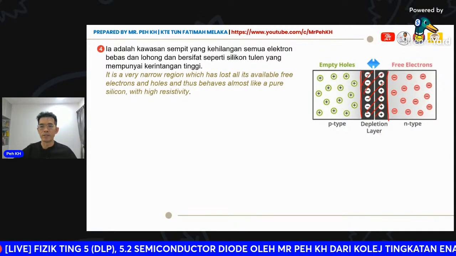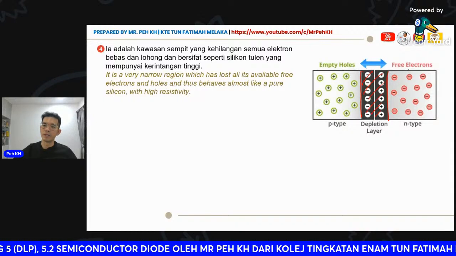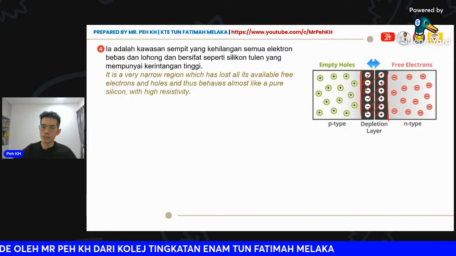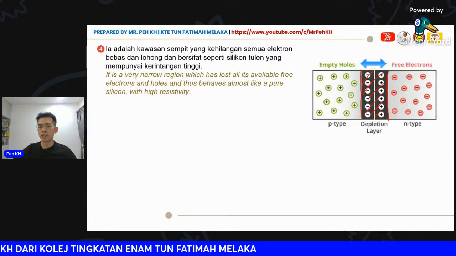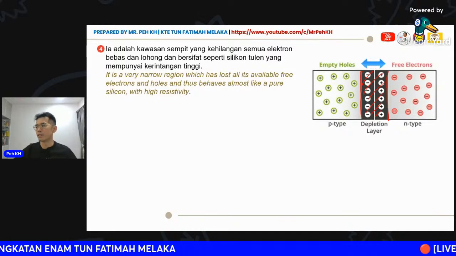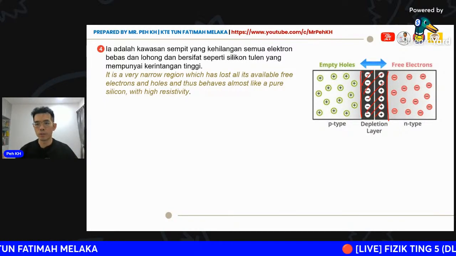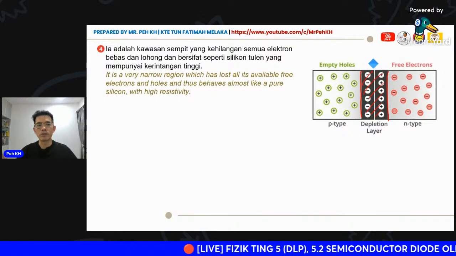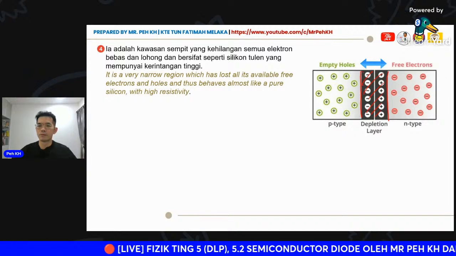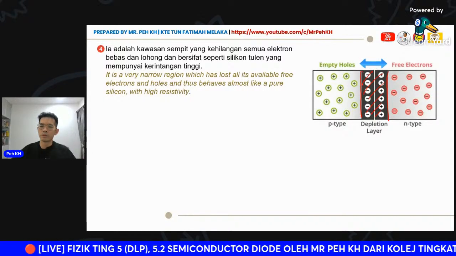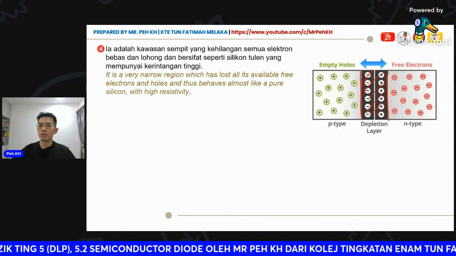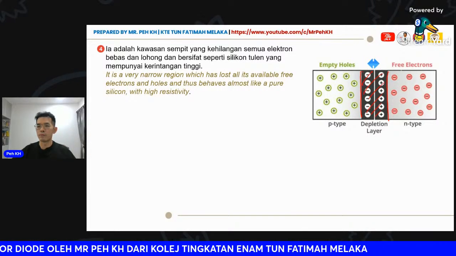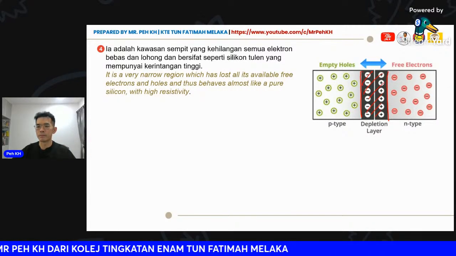When the electrons move to the P-type semiconductor and the holes to the N-type semiconductor, at one moment the depletion layer will not allow, or will cause repulsion for, the electron to jump again from N-type to P-type semiconductor.